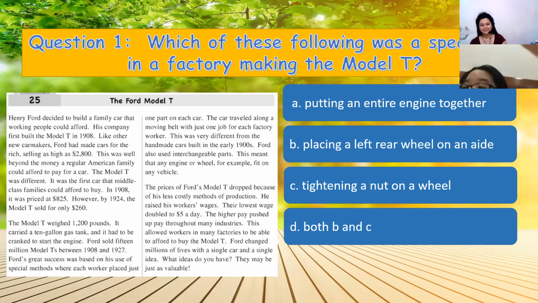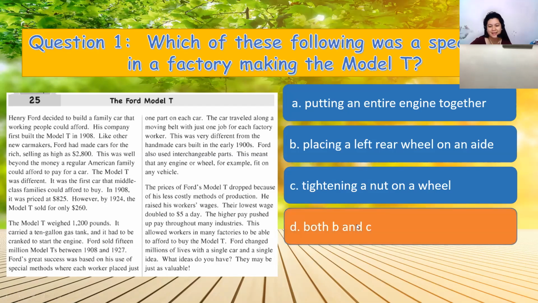B and C. D, letter D. Yes, all right, that's correct. Placing a left rear wheel on an axle and then tightening a nut on the wheel.